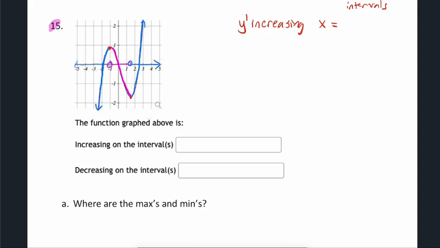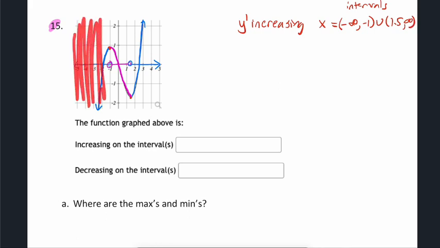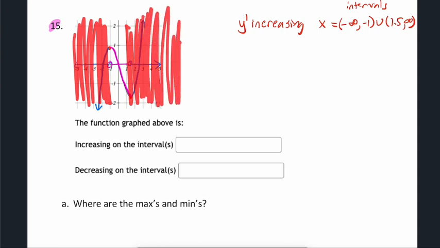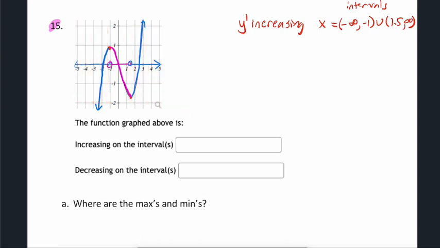So let me show you how to write it. The y's are increasing from an x value of negative infinity to an x value of negative 1, and then again from about 1.5 to infinity. The y's are increasing to an x value of negative 1, and then the y's start increasing again from 1.5, and then it keeps doing that forever.